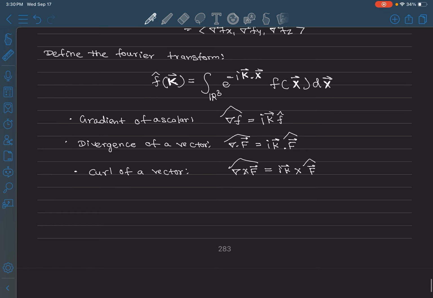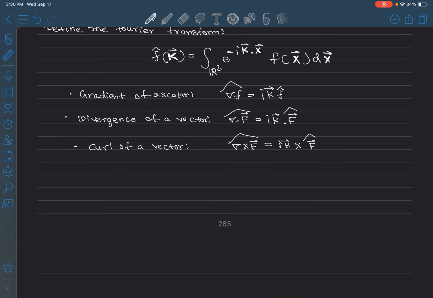And then for the Laplacian of a vector, the k vector consists of all the variables in the Fourier space. So for the Laplacian operator of f, its Fourier transform will just be the negative of the magnitude of k squared times the f vector. We are going to use these things and prove it.